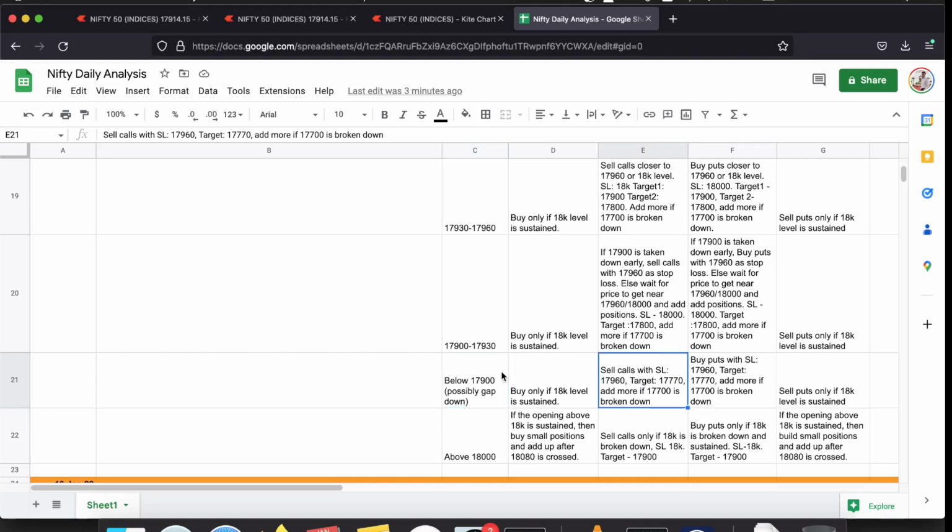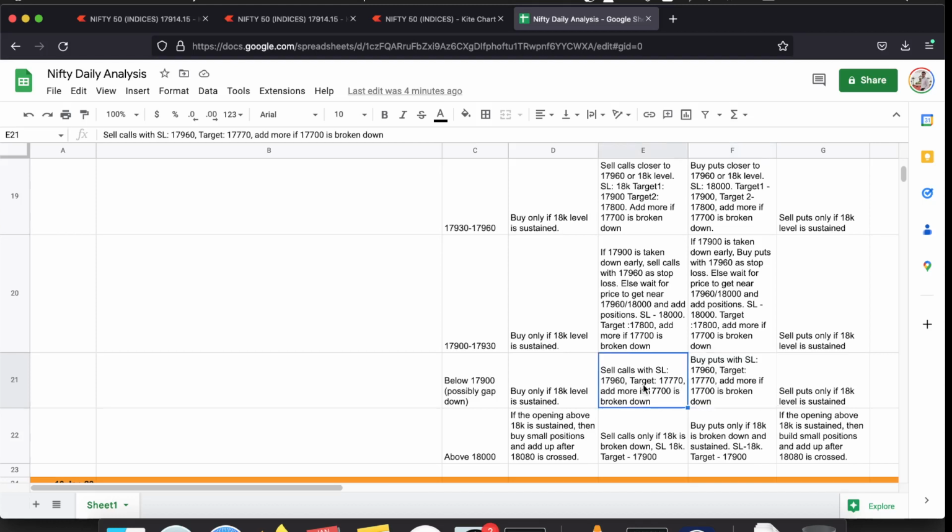Again, the problem with buying puts is, if the opening is below 17,900 and it is a gap down, the VIX would already be high and the premiums would be quite high. After the opening, if some consolidation happens, premiums would fall and any puts that you bought in the opening session will lose a bit of value.